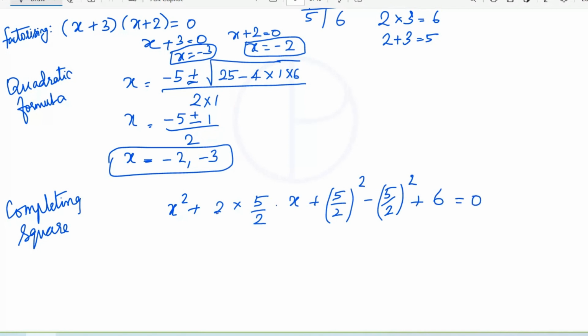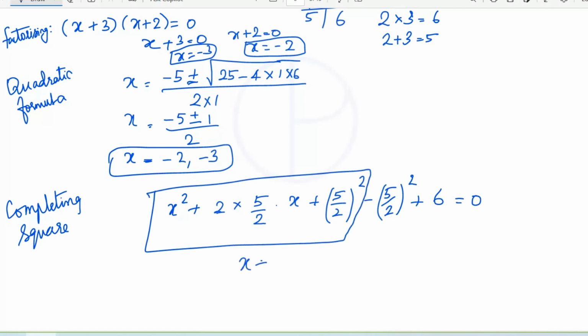Now combine this, you will get x plus 5 over 2 the whole square. Then combine these two terms, minus 5 over 2 the whole square plus 6 equal to 0.